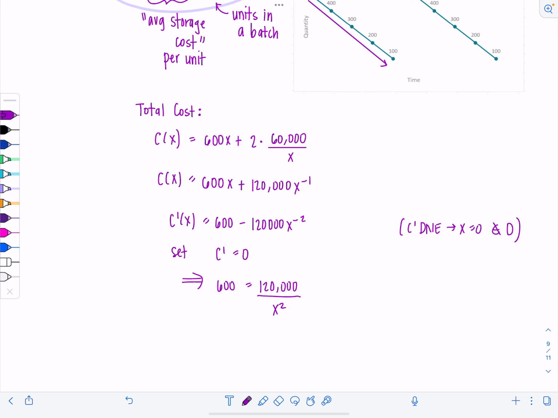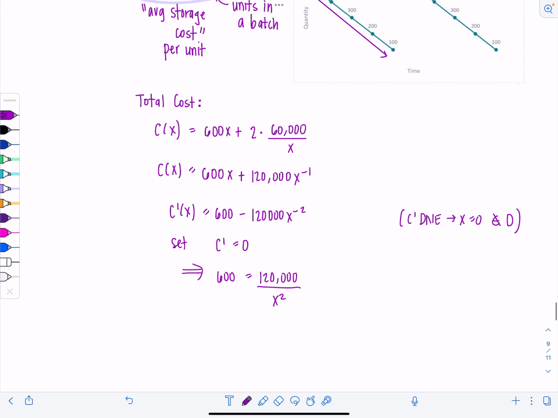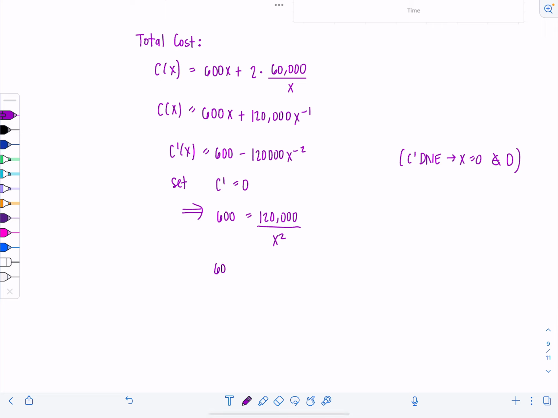600 equals 120,000 over X squared, right? And then multiply both sides by X squared. Then you have 600 X squared is 120,000. And then divide by 600. That's gone. Bam, bam, 2 zeros are gone.